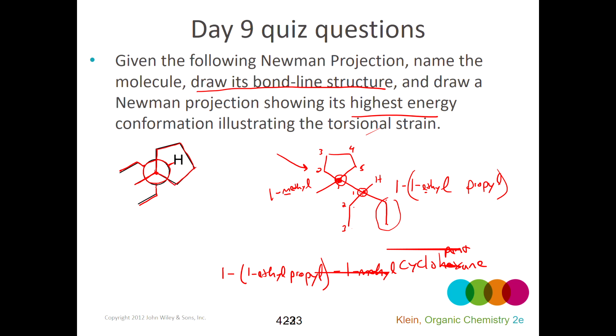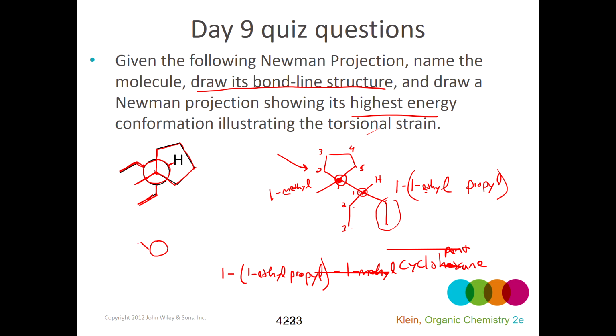On the back carbon, I've got these ethyl groups that are clearly larger than the hydrogen. So here I need to rotate this 180 degrees to get the largest groups to eclipse if I want it to be the highest energy or least stable structure. So for me, I don't know why, I just find it more intuitively easy to do this if I keep the carbon still. So I'm going to put the groups on the back carbon.